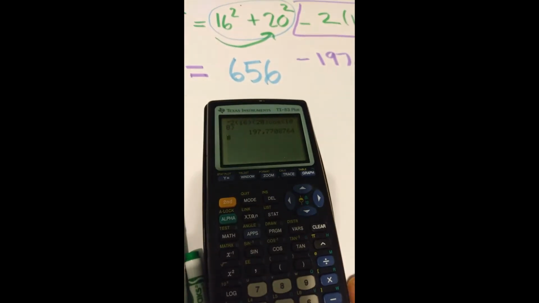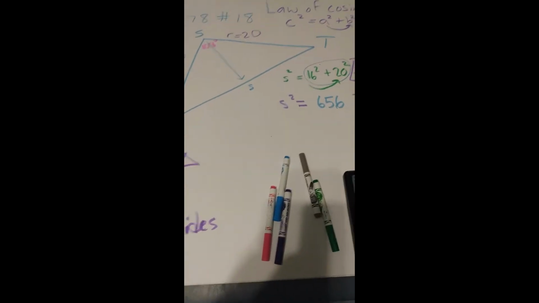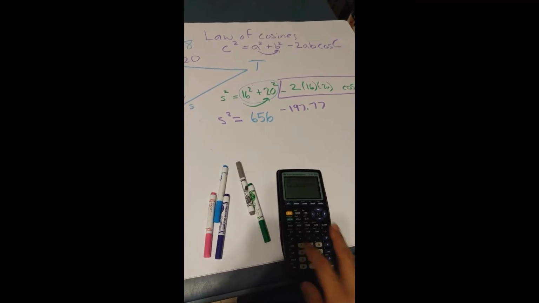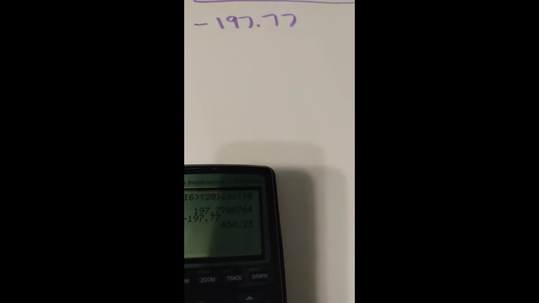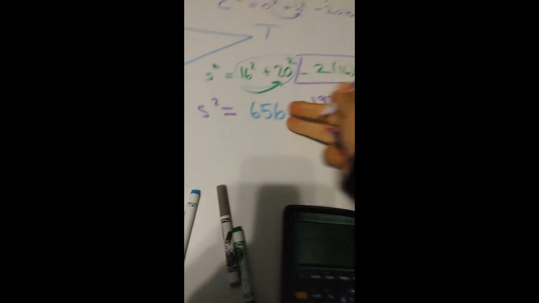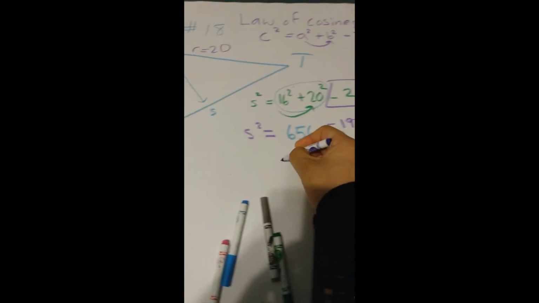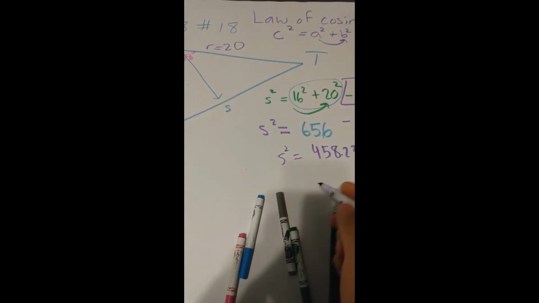Okay, so I go back here, and I'm going to subtract 656 minus 197.77. What I get is 458.23. I have an s squared.